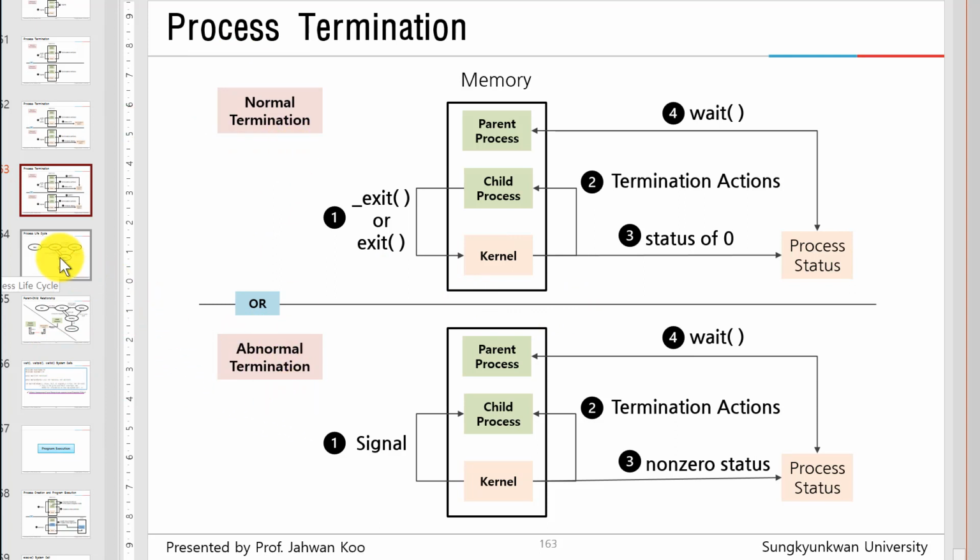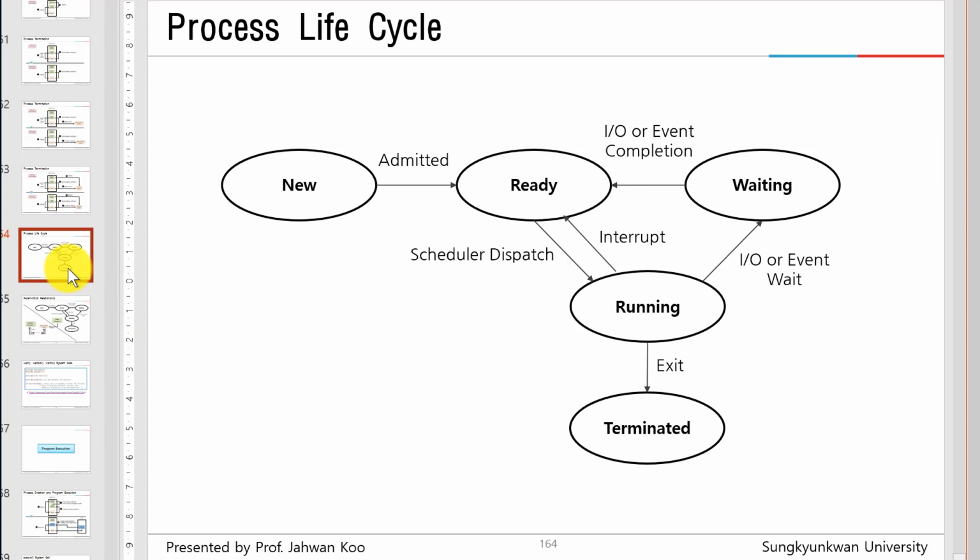At the beginning of its life, the process inherits various properties from its parent process. However, it wants to be independent.